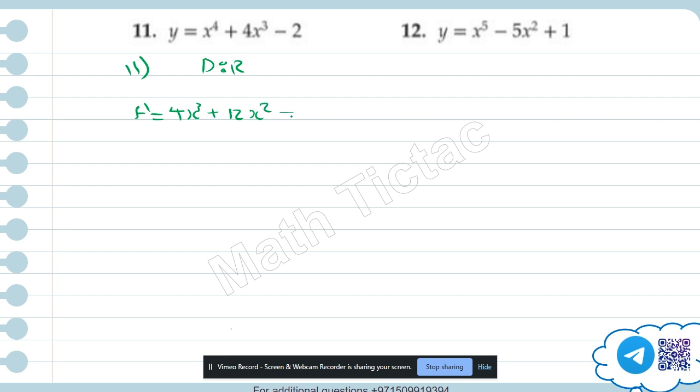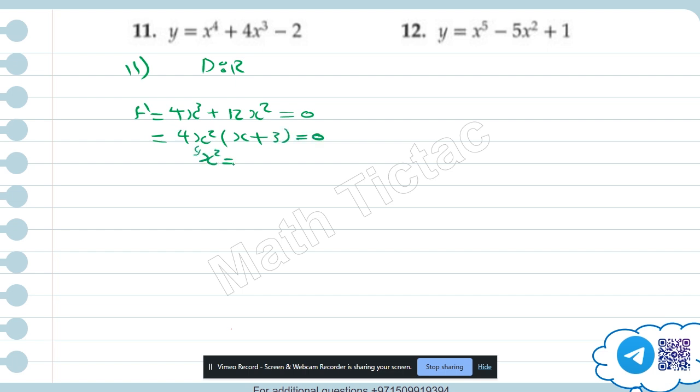Now finding the zeros, x squared equal to 0. That will give me x equals 0. And from the second one, x plus 3 equals 0. That will give me x equal to minus 3.